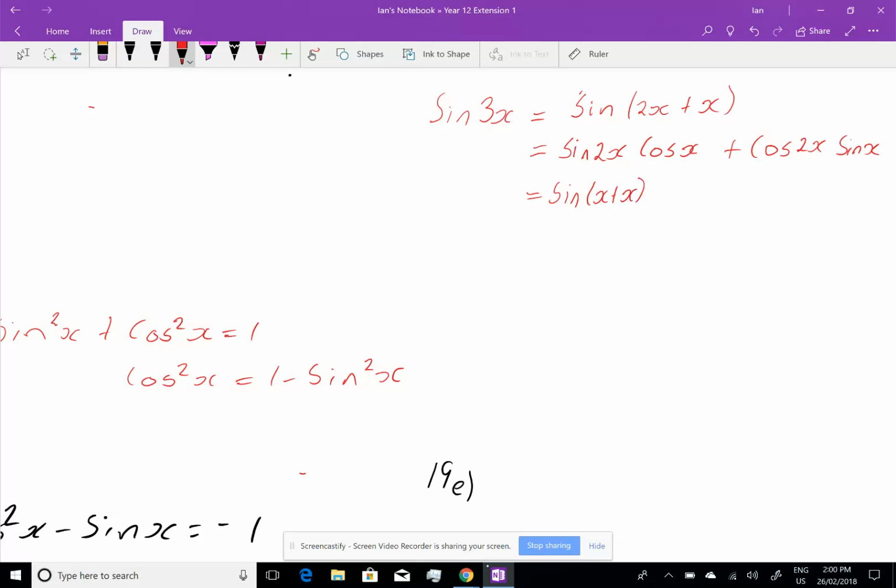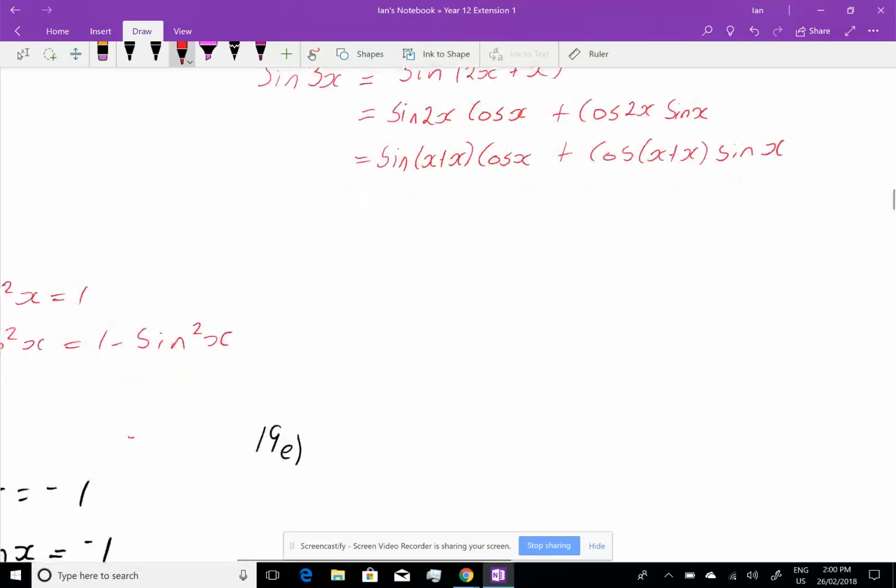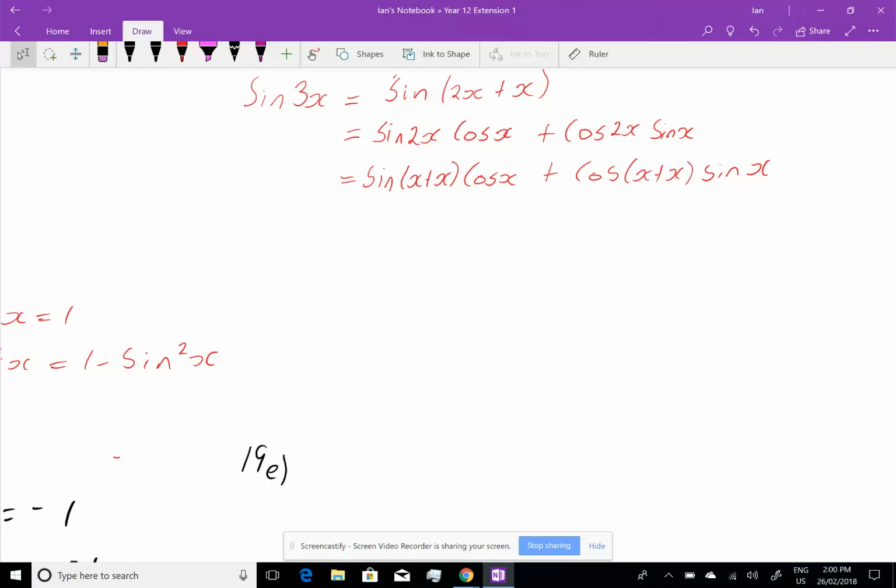All right, so I'm going to expand sine 2x as sine of x plus x, and cos 2x as cos of x plus x. This is going to get really long. We've already done sine 2x, but here we go again. So it's sine x cos x plus cos x sine x.